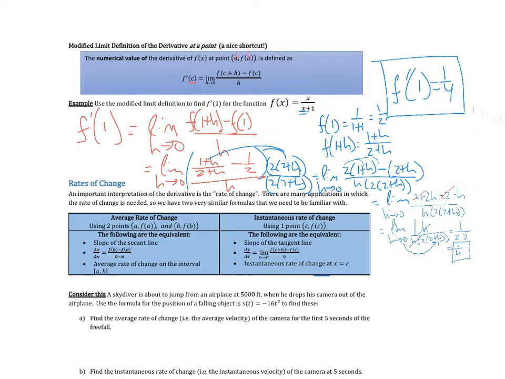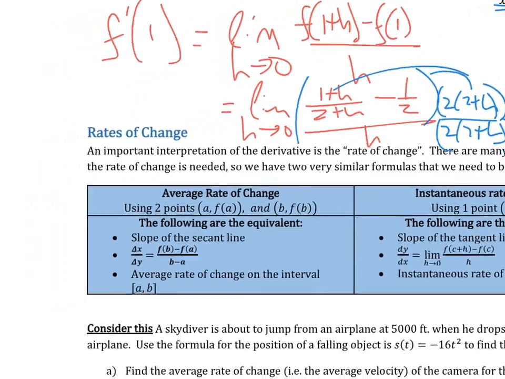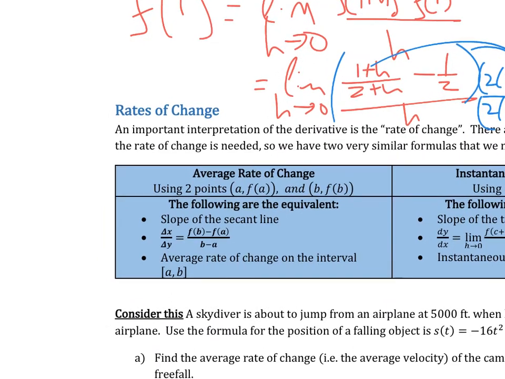All right, so one little application here: rates of change. We're going to have 2 types of rates of change here. We have the average rate of change. The average rate of change tells us the slope of the secant line. The secant line, if you remember, if we have a graph, goes through 2 points.